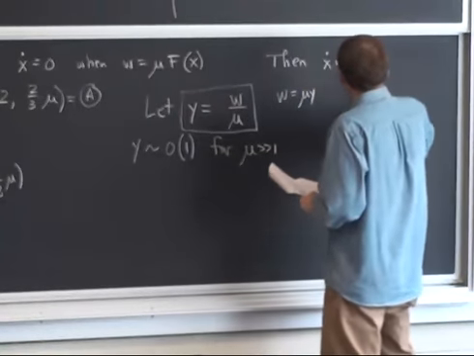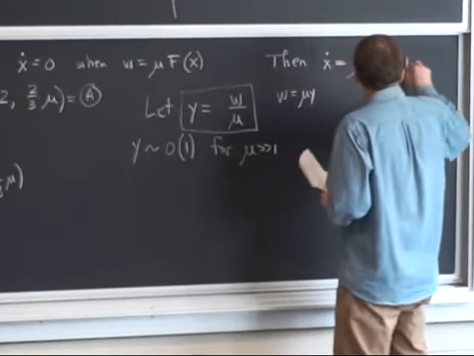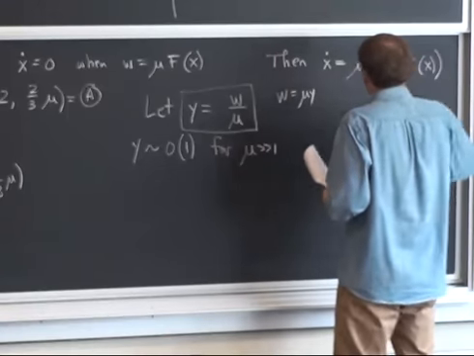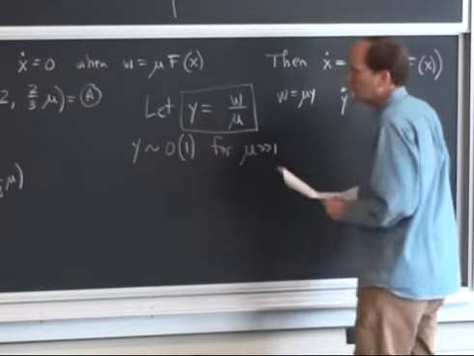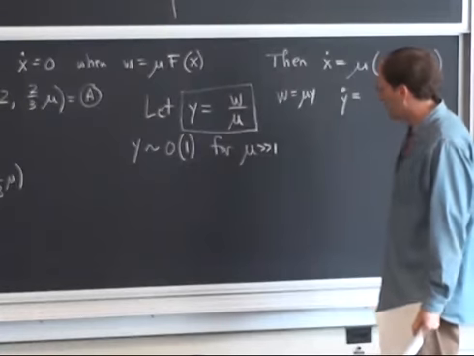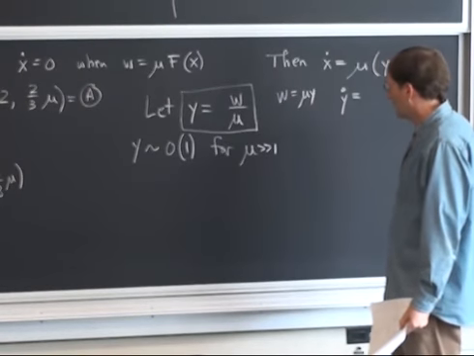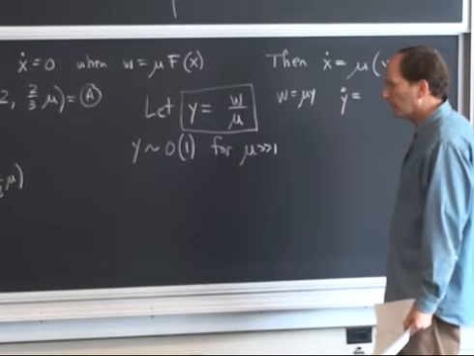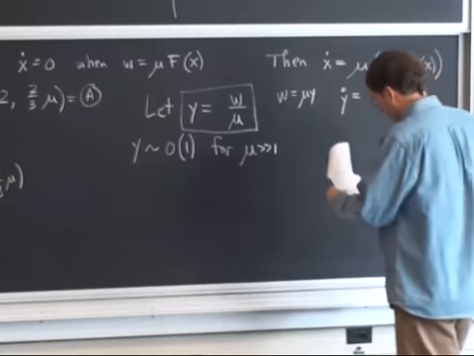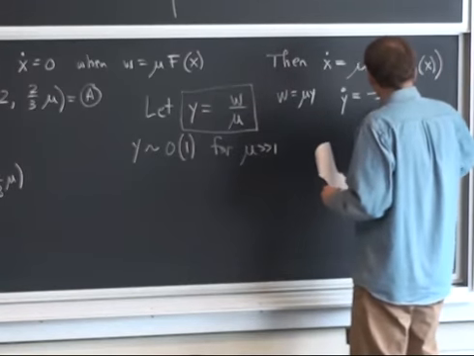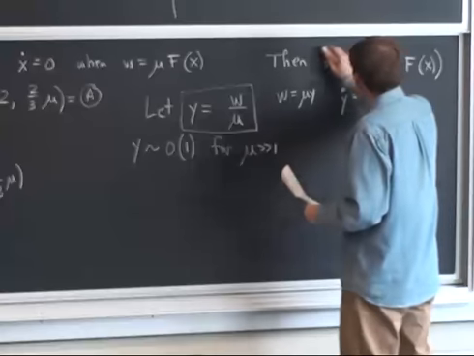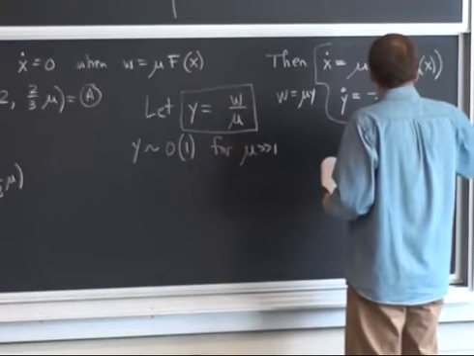So it's now x dot is mu times y minus f of x, and y dot, well, since w is mu times y, it looks like we're going to get y dot is minus 1 over mu x. So this is our system now.